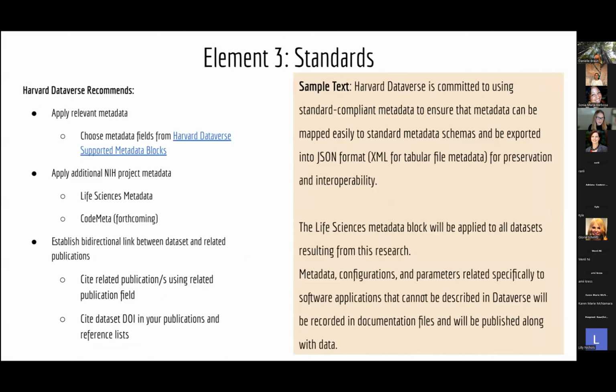On to element 3, this is where we get into a lot of that metadata and the standards that Sonia talked about. Again, in the Harvard Dataverse repository, the dataset contains 3 levels of metadata: citation, domain-specific metadata, and file-level metadata. While there are no requirements for data formatting, we really recommend that researchers consult standards, like the NIH common data elements, to support data comparison and aggregation, and use file formats that are common for the data type and disciplinary community.